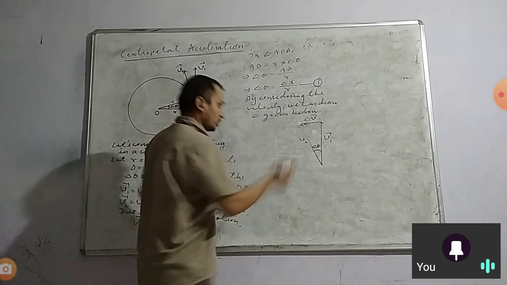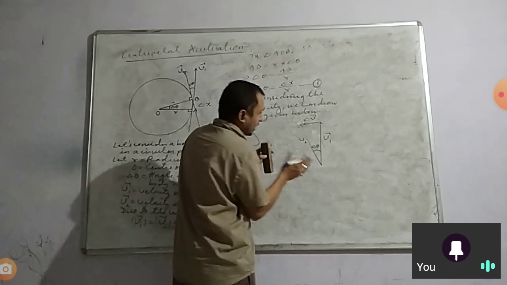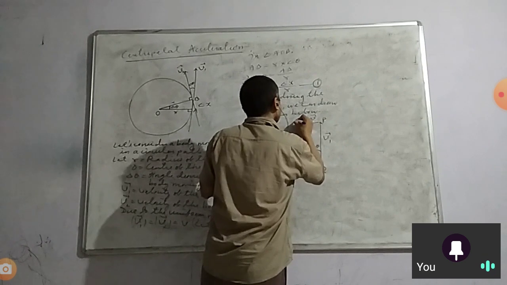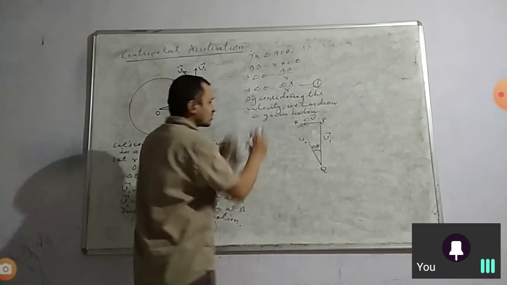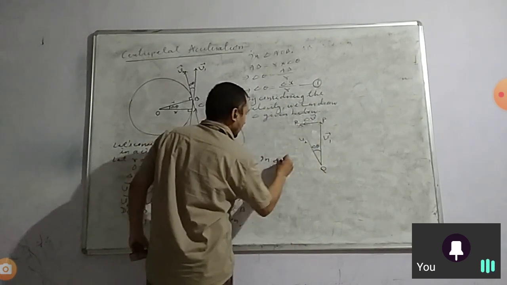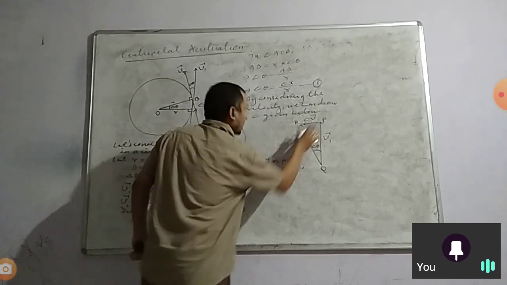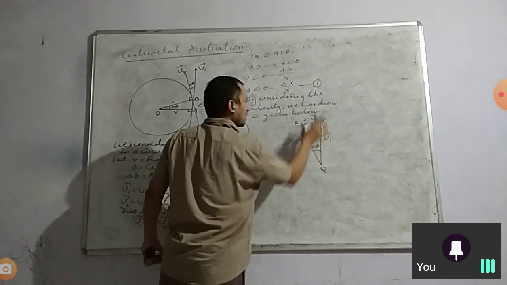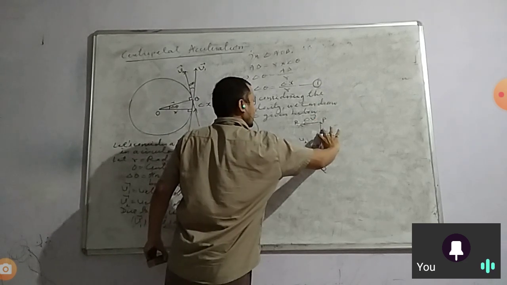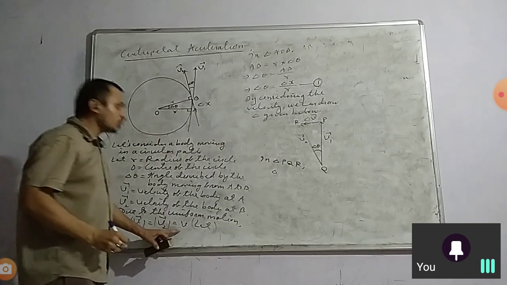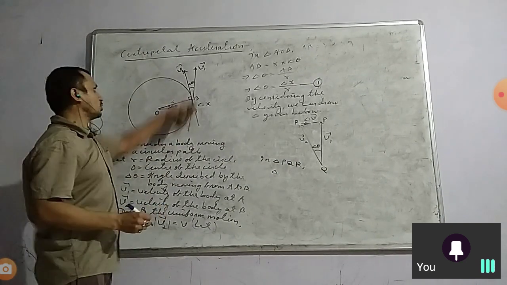In this triangle, first we have to name it. Suppose this point is Q, this point is P, this point is R. So in triangle PQR, what can we write? Again, this will behave like the length of an arc, this is the angle and this is the radius. V1 and V2 are both equal in magnitude because this body is moving with uniform speed.